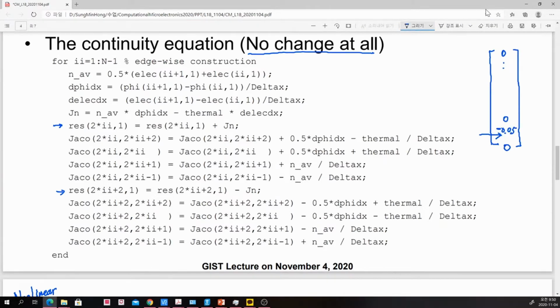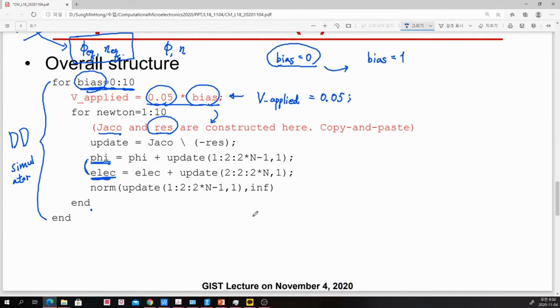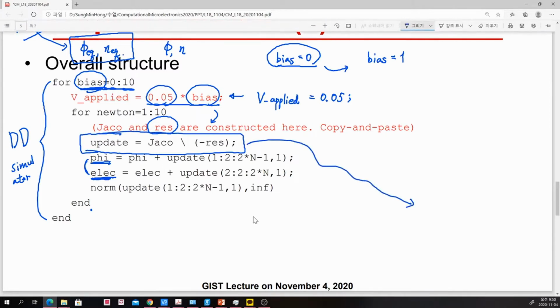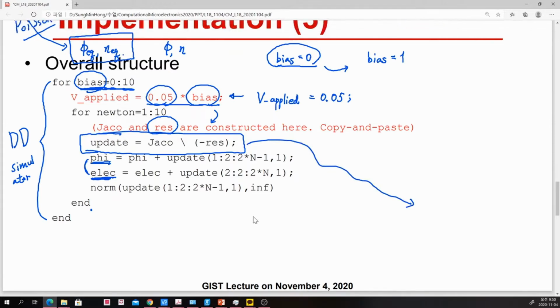That will be your residue vector. And when you take the update vector, certainly you will have a huge update vector. Then that will make this Newton loop run again.